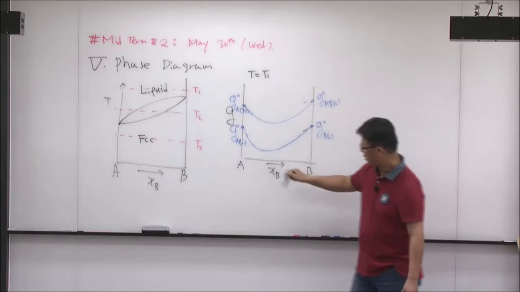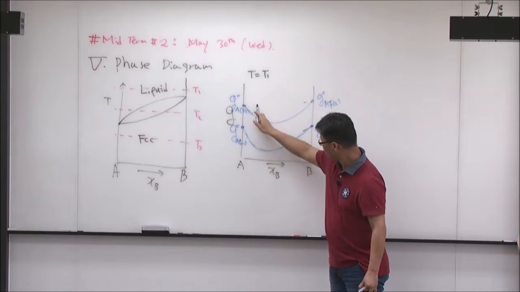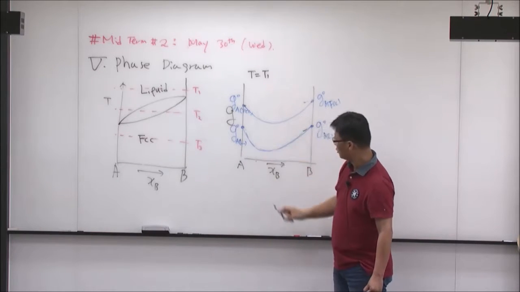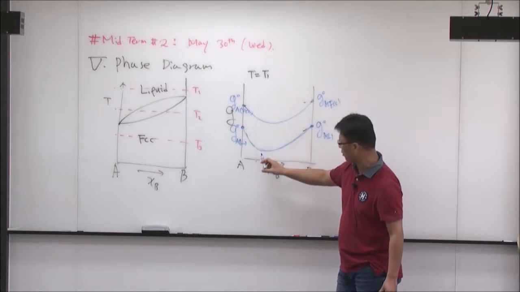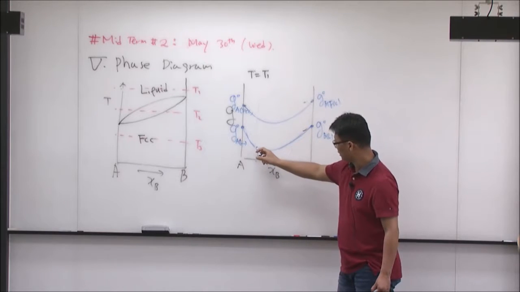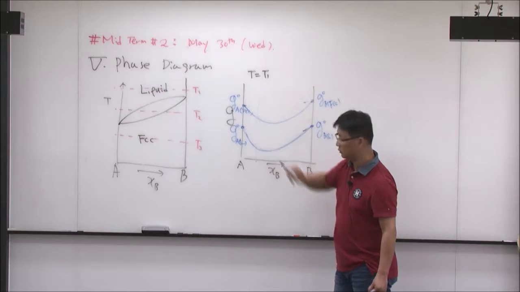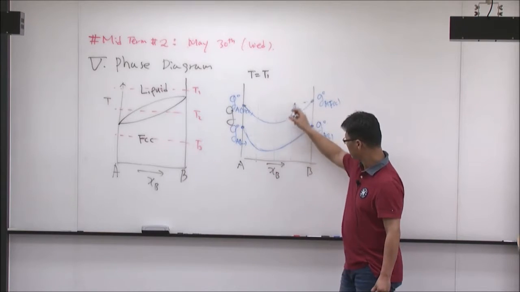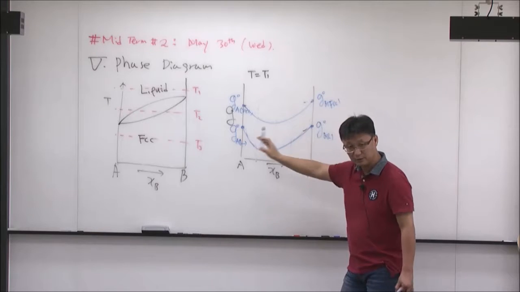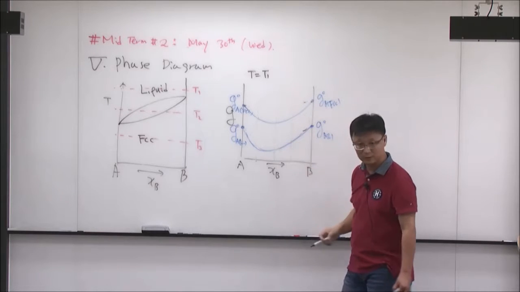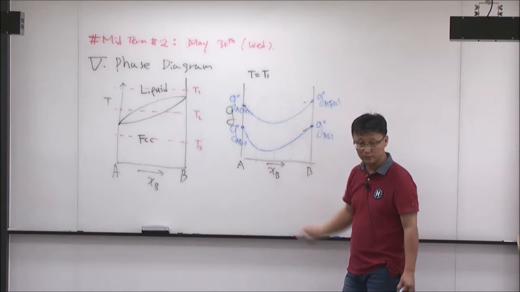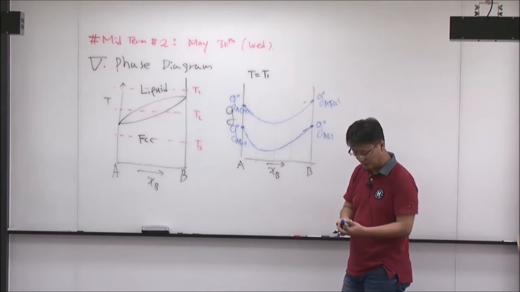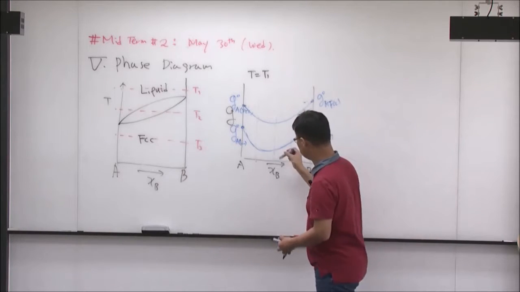Okay? So, at this composition, for example, at this temperature, you always have to check the Gibbs energy of your phases. Here, liquid is lower than solid FCC. In the entire range, if you draw the Gibbs energy diagram like this, liquid is more stable than the solid FCC phase, yeah? So this is liquid.